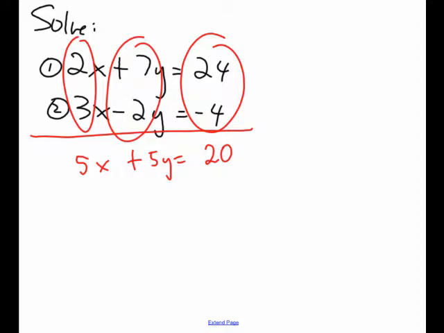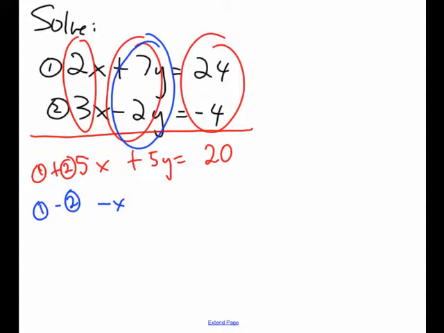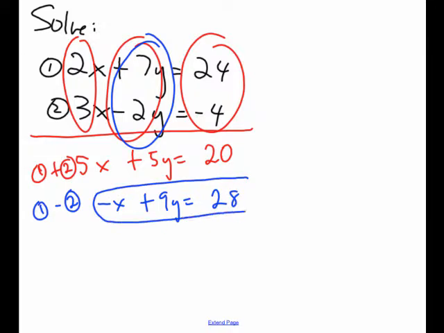If I were to subtract the two equations, because I can do that as well, 2x minus 3x would have been negative x, 7 minus negative 2 would have been positive 9, and 24 minus negative 4 would have been 28. The results would again have two variables.